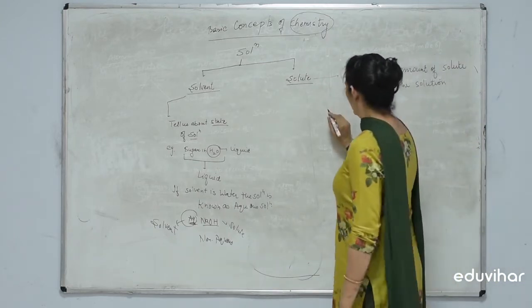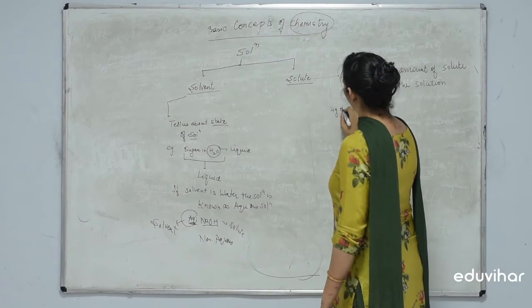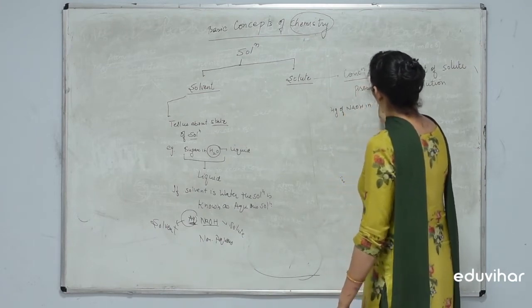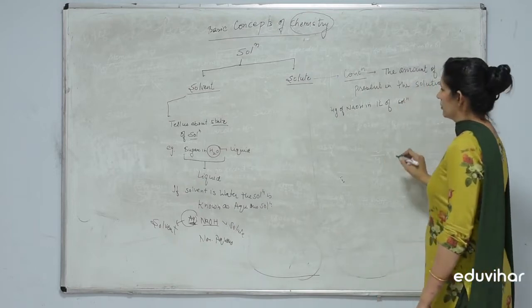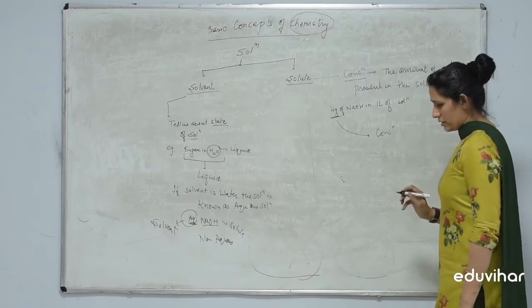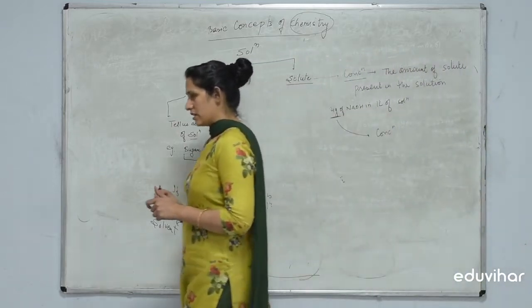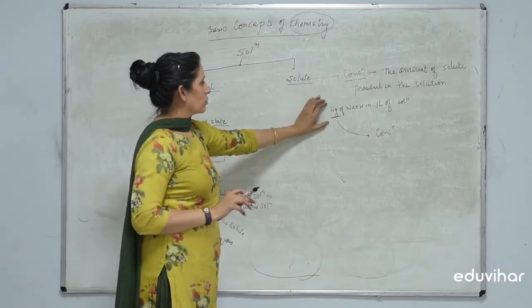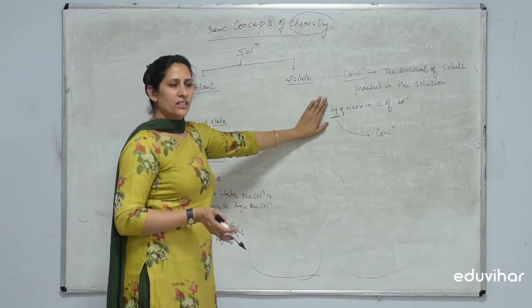For example, 4 gram of NaOH in 1 liter of solution. This amount is known as concentration. Whenever we know the amount of solute, it tells us about the concentration.